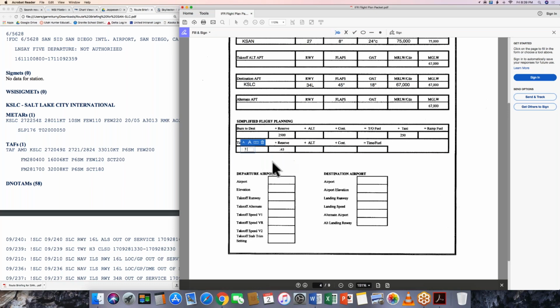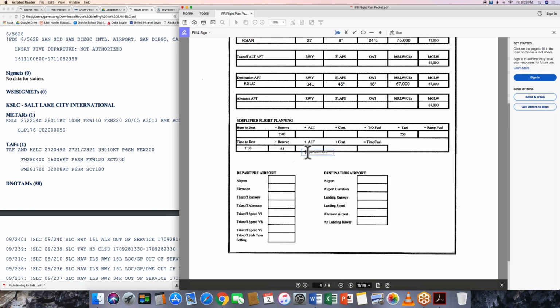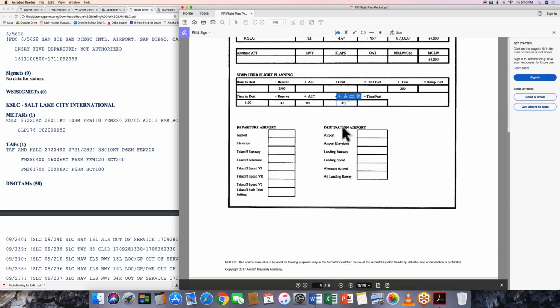We've got an hour and 50 minutes en route. We don't have an alternate. We don't have contingency, but oh wait, yeah, we do. We have 45 minutes contingency. Sorry, my brain is melting as well.